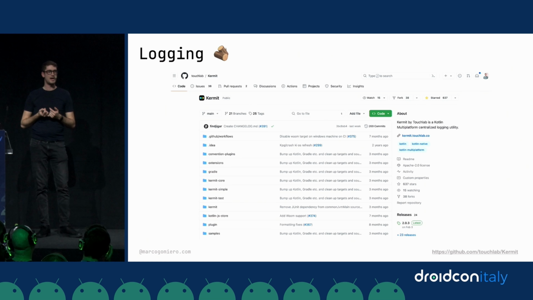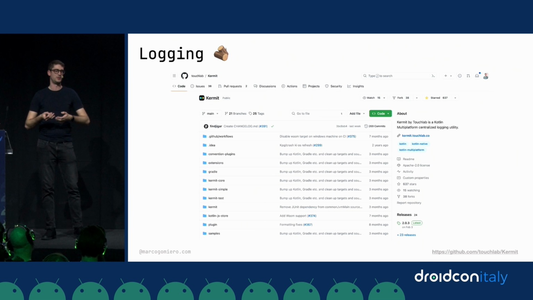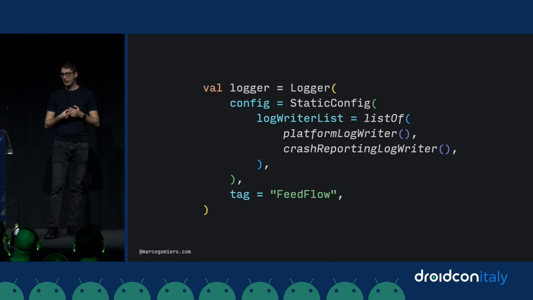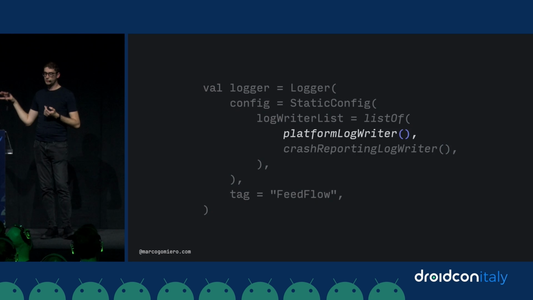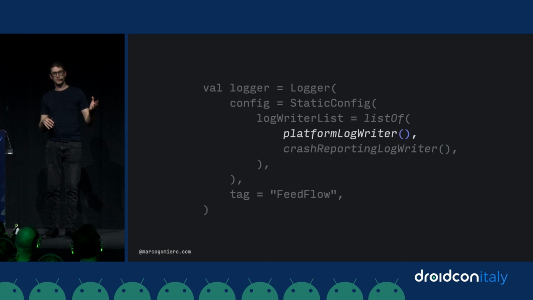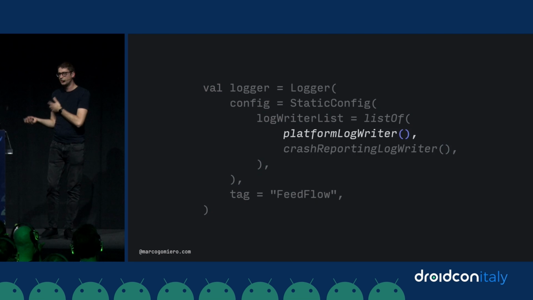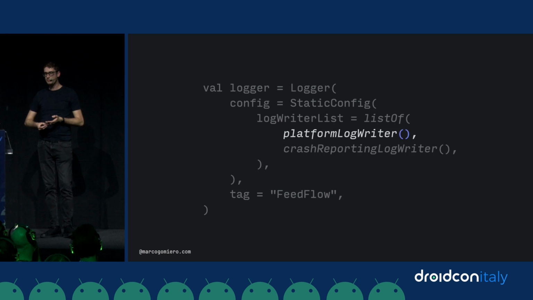For logging, I'm using another library from TouchLab called Kermit, which basically abstracts the classic logging stuff, with the usual levels of logging that we all use. Basically you can define your logger. You can say use the platform log writer, which on Android will be logcat, on desktop will be the standard output, and on iOS will be whatever iOS uses for logging.